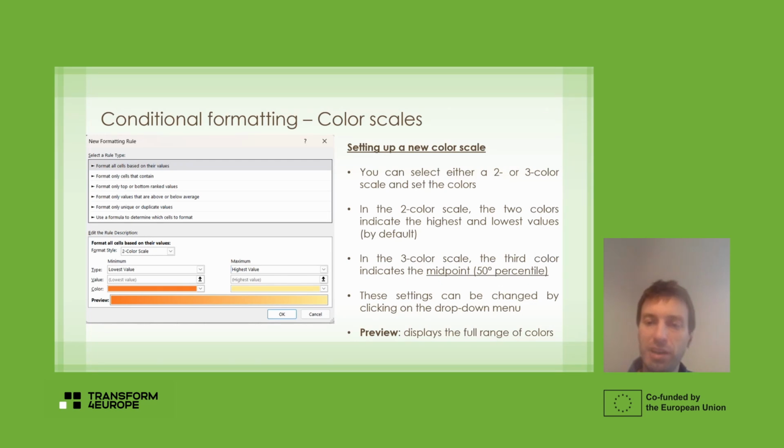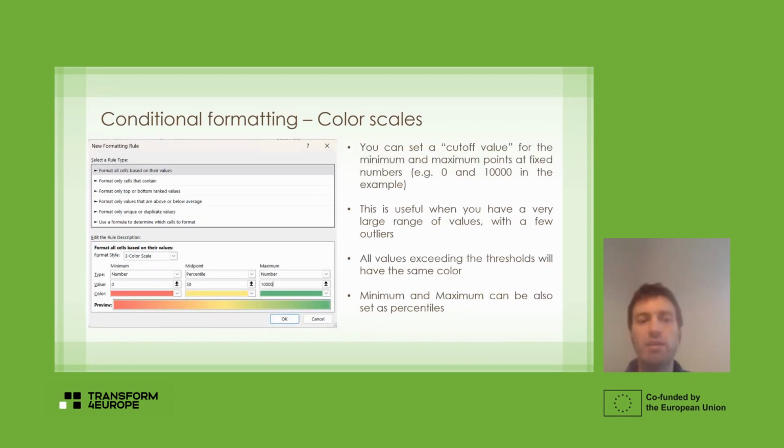So it's not really a proportional type of coloring, but this can be changed as well, okay? And if you're unsure about how the full range of colors will look, you have a preview, as you can see on the bottom part of your conditional formatting menu. I guess I have another slide to show what happens with the third color here. Yes, okay. So this is what happens when you have 3 colors to display with the 3-color scale.